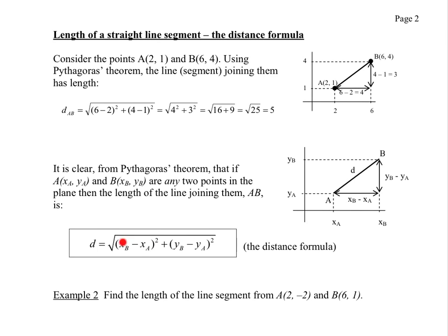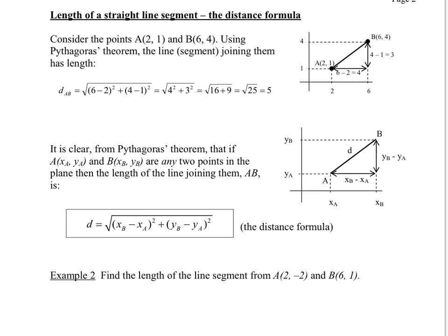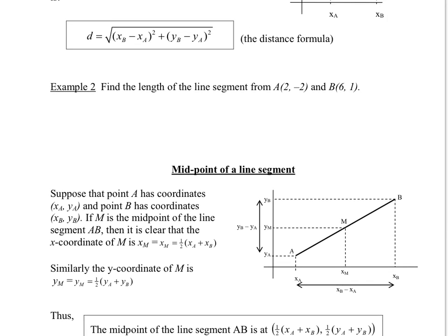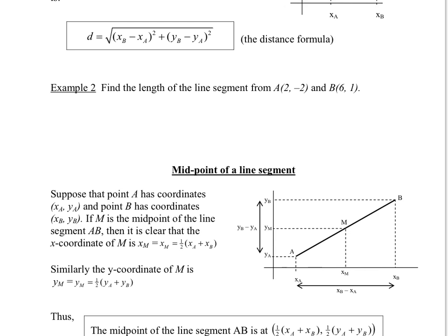More generally, we have this formula down here, where if you have point A and point B, you subtract the x-coordinates and square it, subtract the y-coordinates and square it, add the two things together and take the square root. This is just Pythagoras applied to this triangle here. Now applying that in an example, imagine that this point here is A, so the x-coordinate of A is going to be 2.